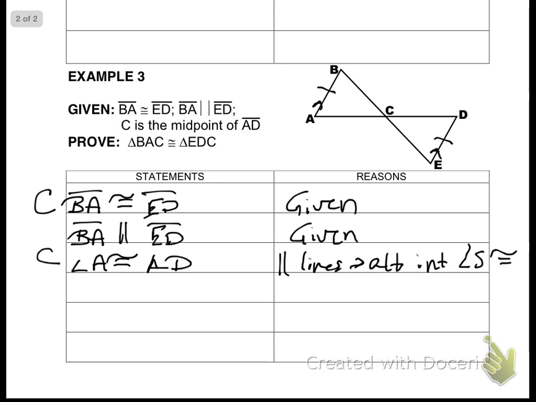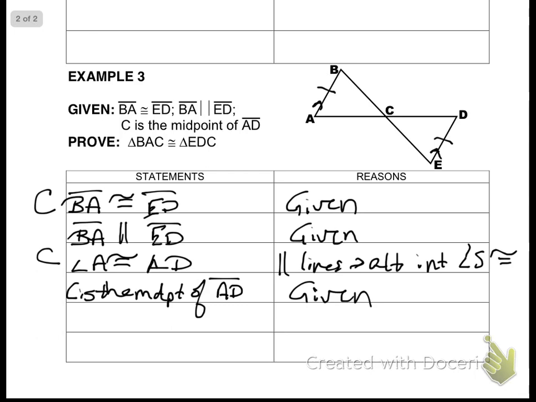And then we have another given. C is the midpoint of AD. Okay, and that's a given. So that leads us to another congruency statement.